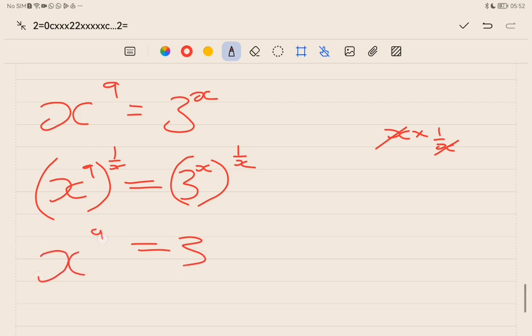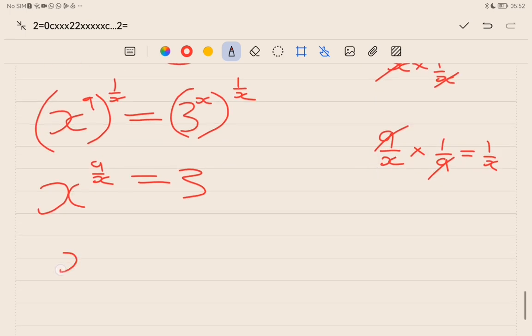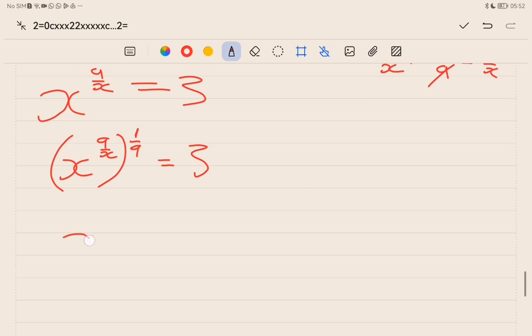Then on the other side, we have to move 9 to the other side. How are we going to move it? Even here, same thing. From laws of exponents you do this.